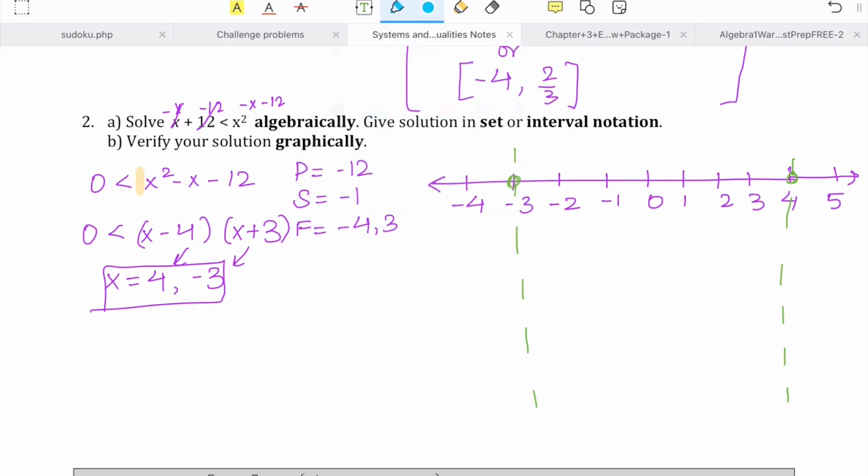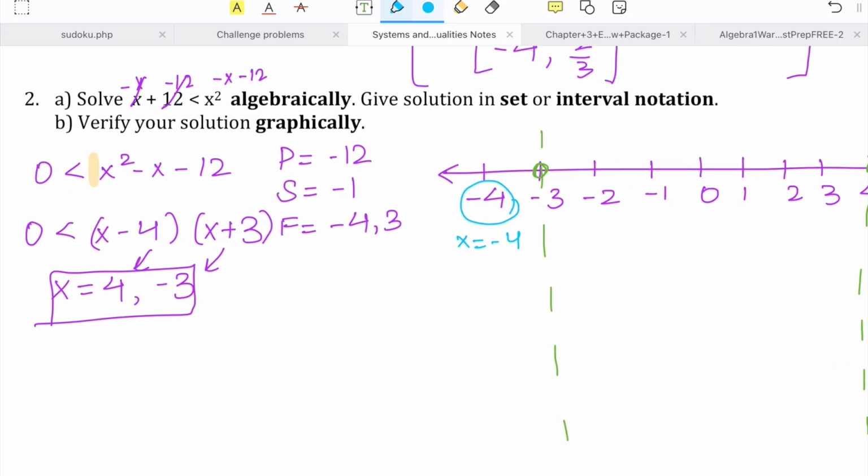Okay, draw the line so that I can figure out what's part of the solution and what's not. Let's take x equal to -4. Plug that in my original inequality. So -4 plus 12 is less than (-4) squared. (-4) squared is 16. -4 plus 12 is 8. Is 8 less than 16? Yes, it is.